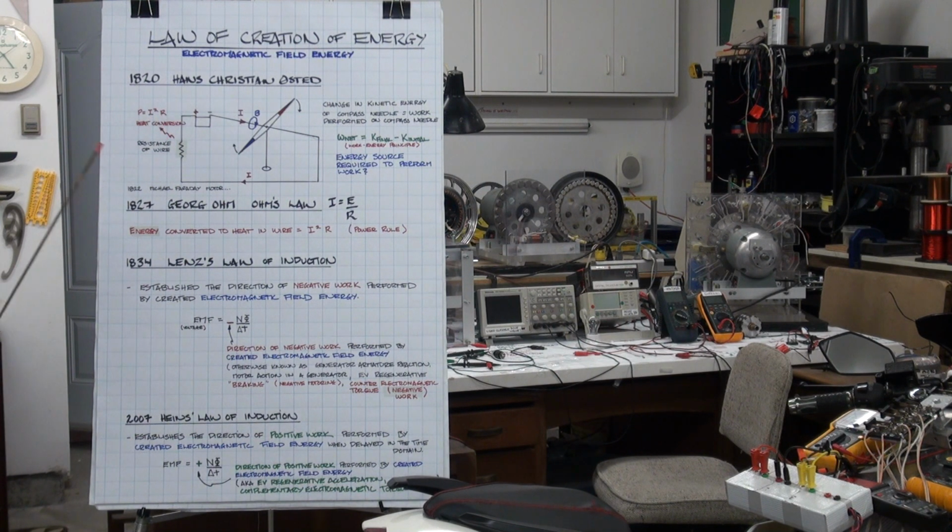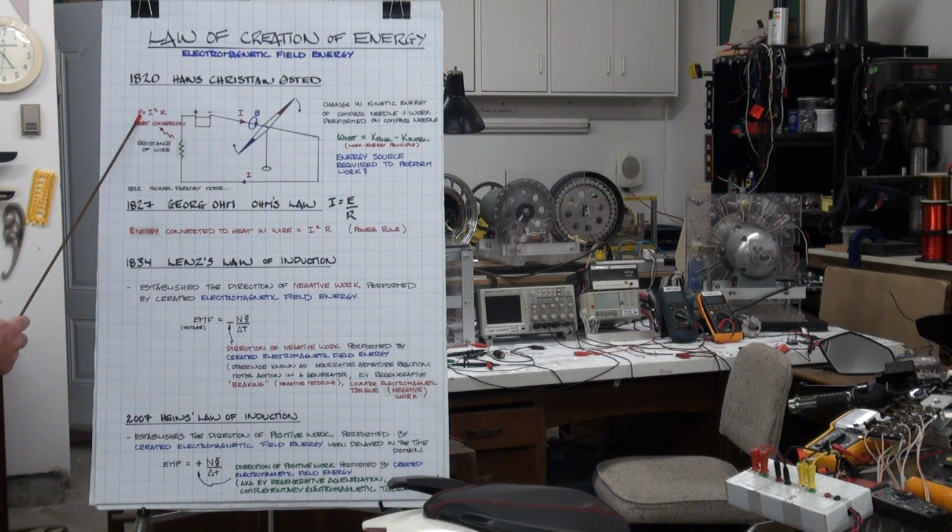converted, I almost said lost, there are no losses in any system. According to the law of conservation of energy, energy can only be converted from one form to another. So due to the resistance of the wire, there is some energy conversion.